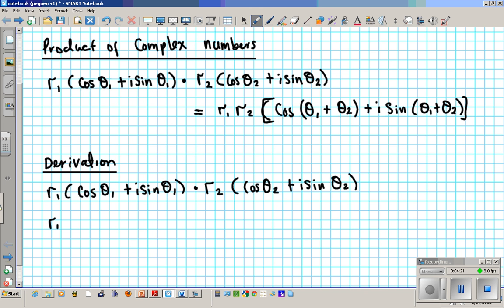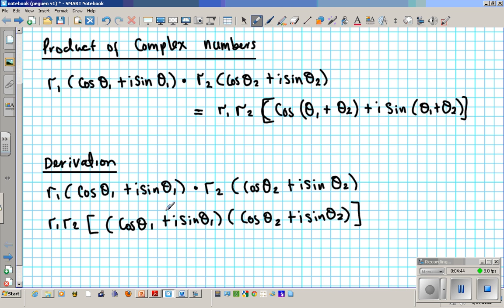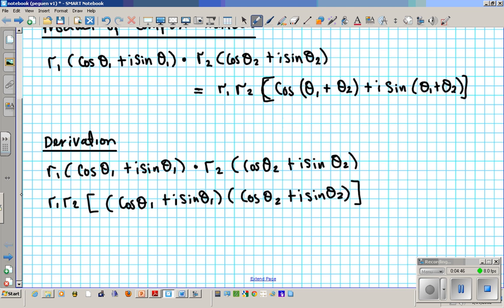So basically we can have r1 and r2 on the outside, so they're products, and then we're going to be multiplying cosine theta 1 plus i sine theta 1 times cosine theta 2 plus i sine theta 2. Alright, so this inner component here, we're going to distribute or FOIL it out all the way. We're going to do first, outer, inner, and then last.